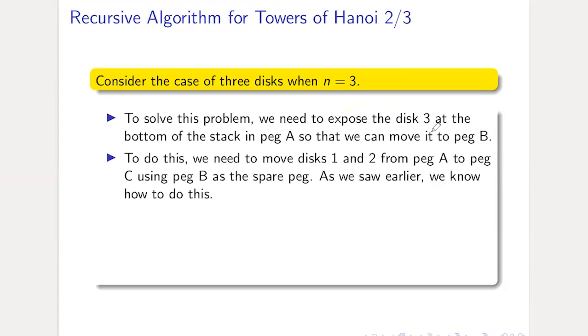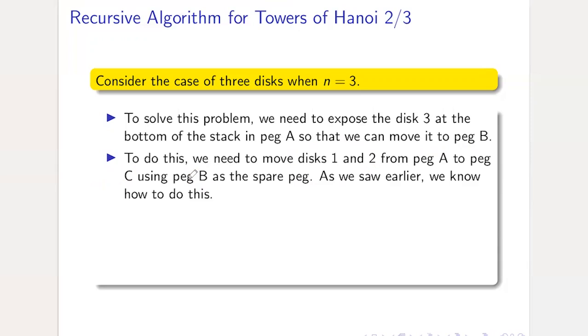In the 2 disk scenario, we actually moved from peg A to peg B, but we could have moved from peg A to peg C. So if we move disk 1 and 2 from peg A to peg C using B as the spare peg, then once they are on peg C, we can move the larger disk number 3 on peg A to peg B, and thereafter it is straightforward.